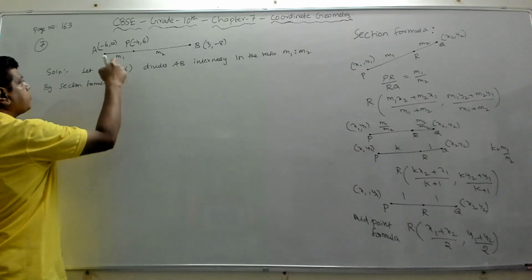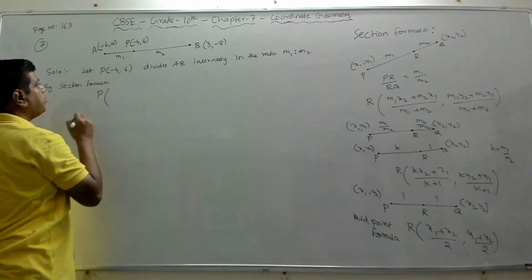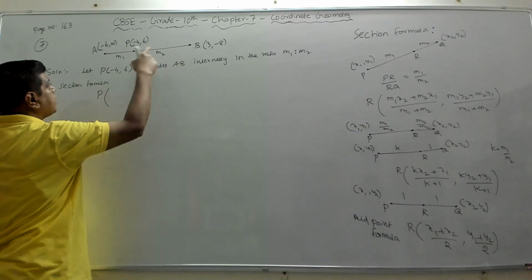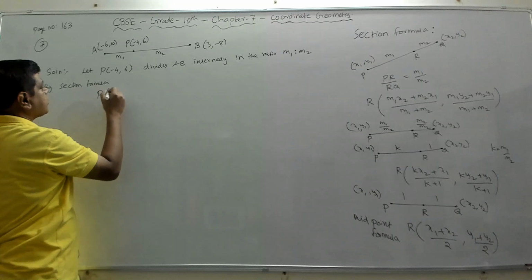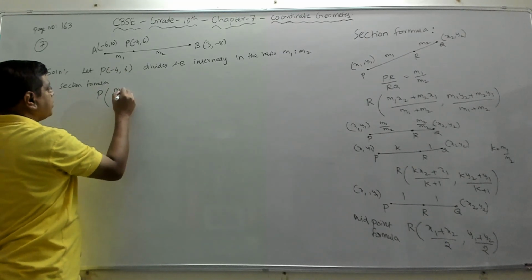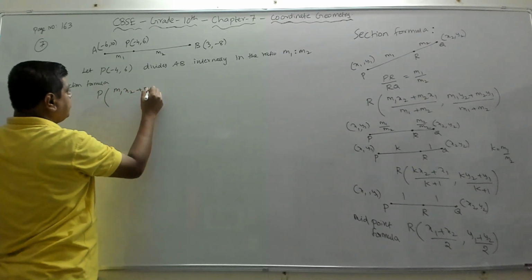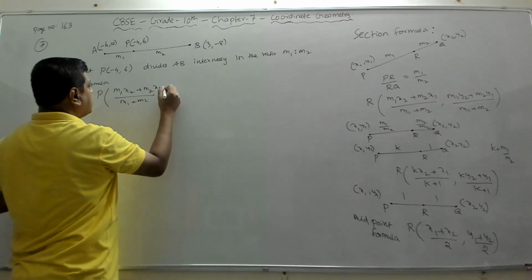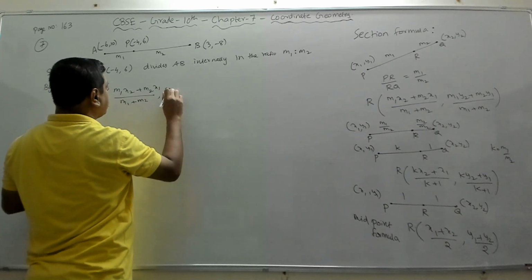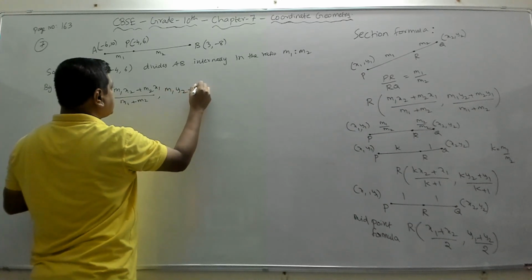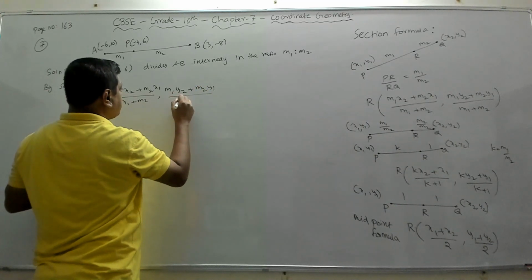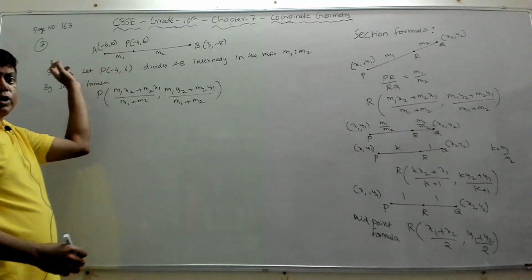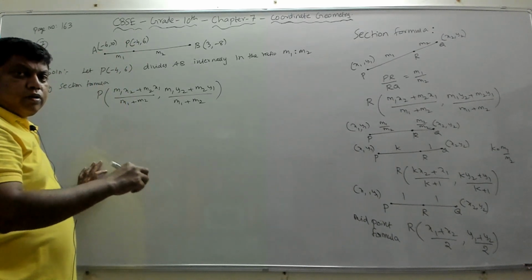If this P divides AB in the ratio M1 is to M2, then by the section formula the point P is given by (m1 x2 plus m2 x1) by (m1 plus m2), comma, (m1 y2 plus m2 y1) by (m1 plus m2). So this is the point P which divides AB internally in the ratio m1 is to m2.